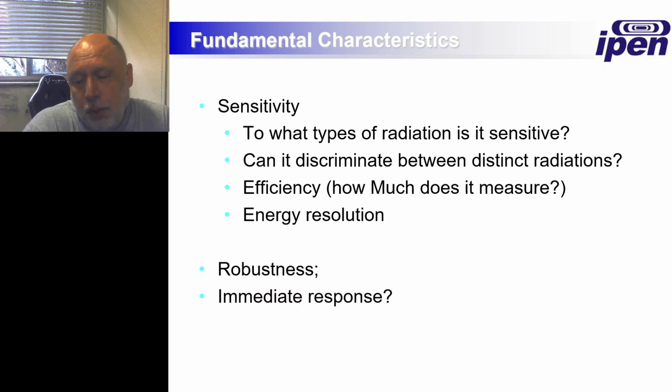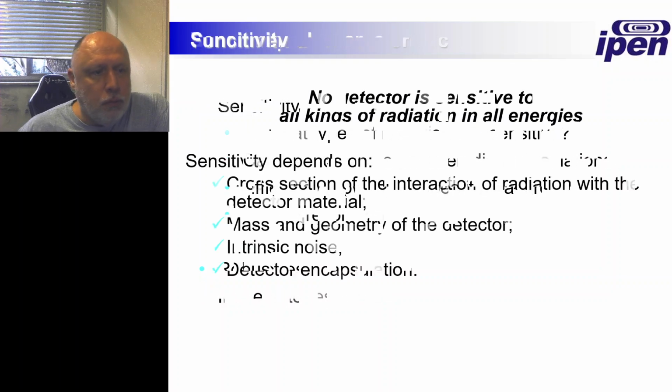We don't need it to be immediate, right? And we don't want it to be immediate sometimes because the longer you expose a detector to radiation, the better will be your response, right? Your detection level will go lower and lower the longer you expose it.